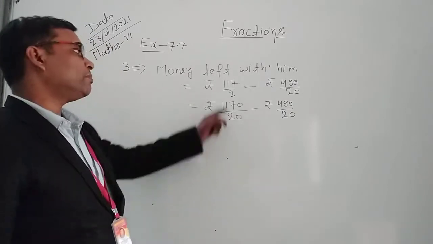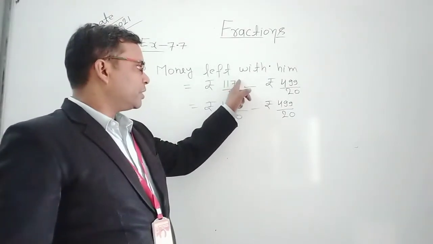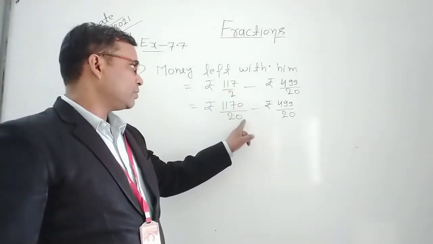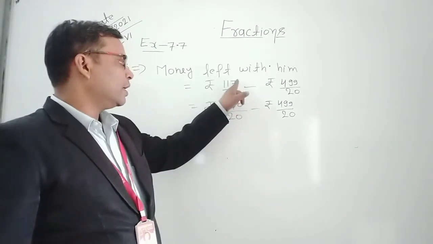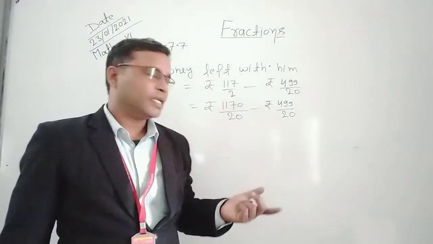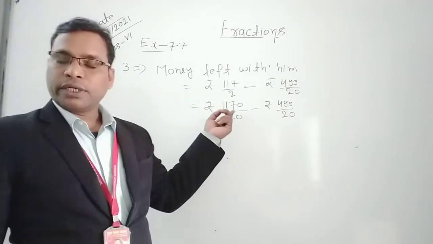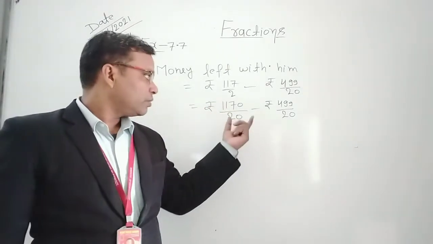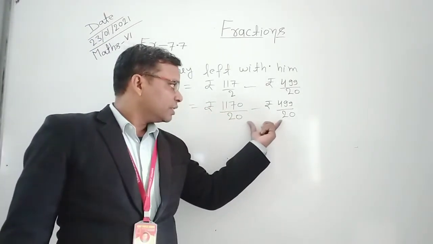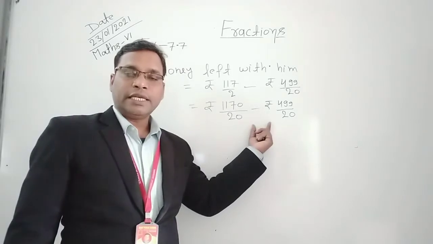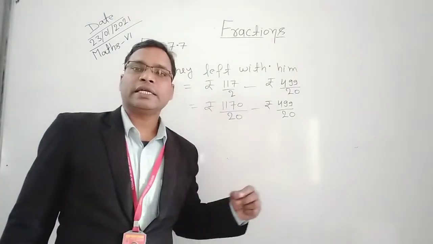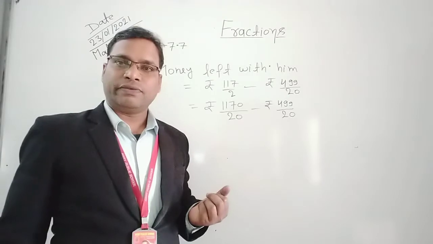Clear? If you multiply both numerator and denominator by 10, it becomes 20, and 117 tens are 1170. So in this way the denominators are equal, and you can subtract easily.